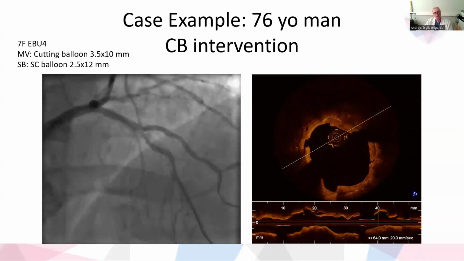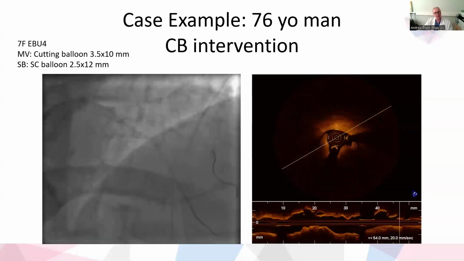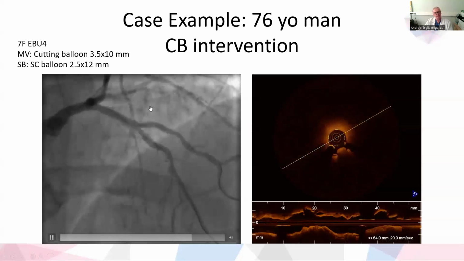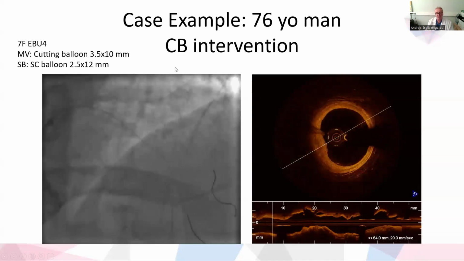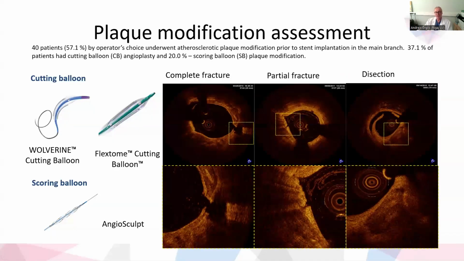But in this particular case, many years ago, it was done by a cutting balloon and also scoring balloons, and at that time we compared those, and as you see here, we also see what we can get with those devices, for example, partial fracture or complete fracture. And this is important because if you have a complete calcium fracture, that means that you can also put a stent in very easily.